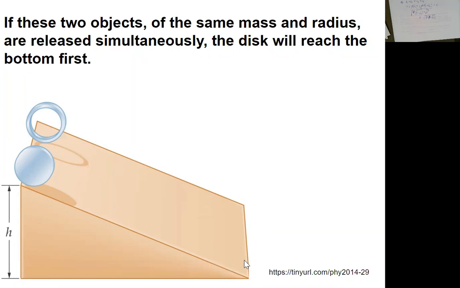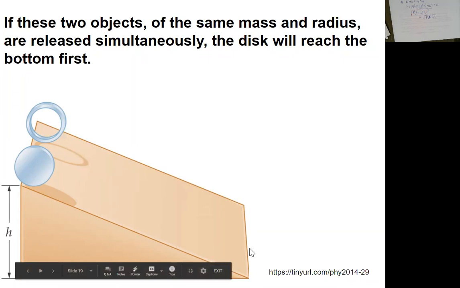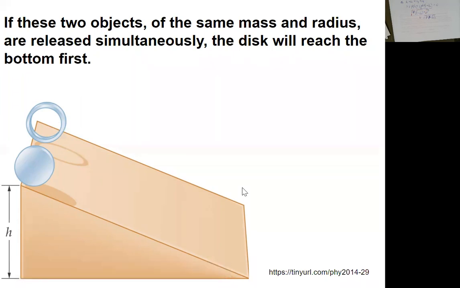So you'll be looking at this formula to see which one gives you the larger speed. Everything else is the same: gh is the same, mr squared is the same.